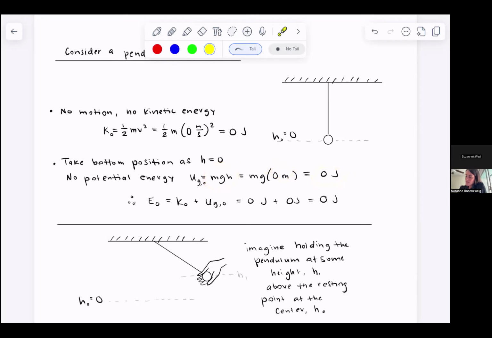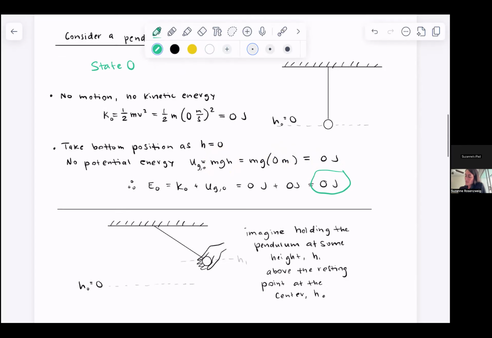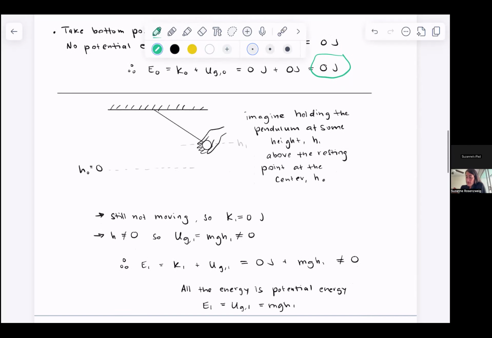That means in this initial state, let's call it state 0, the total energy is equal to 0, since it doesn't have any kinetic or potential energy. Now, imagine holding the pendulum at some height, let's call that h1, above the resting point at the center, which is h0.